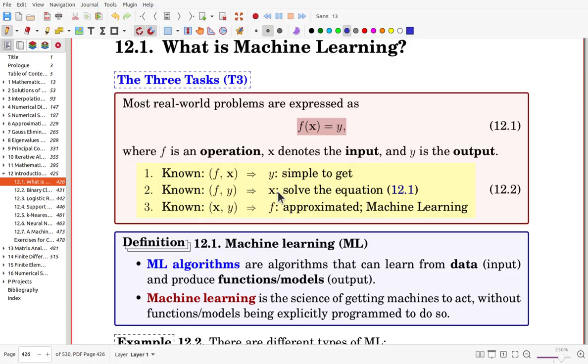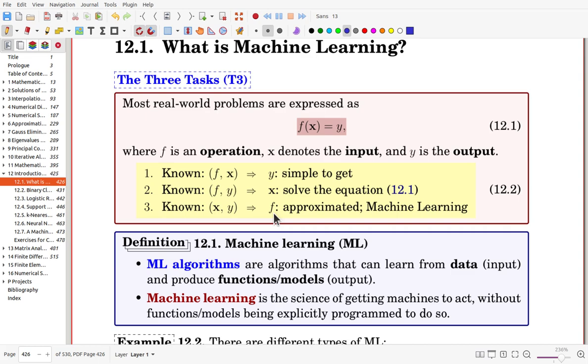You learned these kinds of problems in high school and also in college. Now finally, x and y are known, then you can get f. In reality, the exact function is not easy to get. So we'll try to get an approximation of the operation, which is the core task in machine learning.